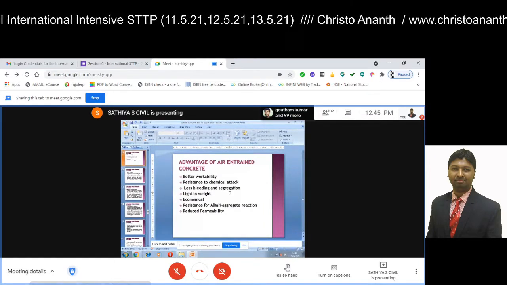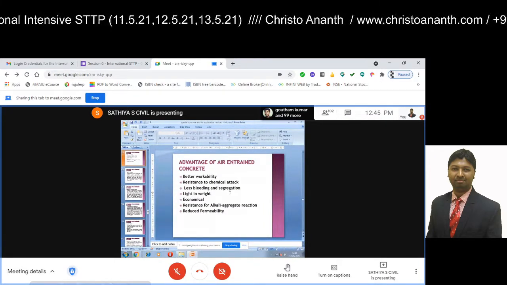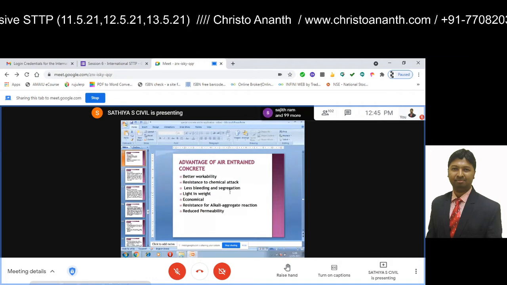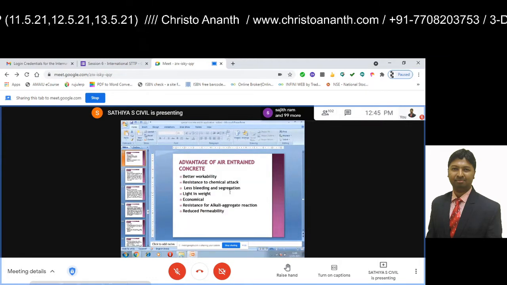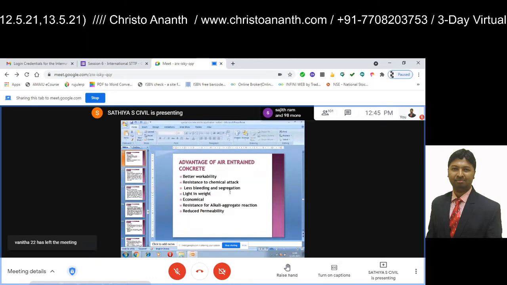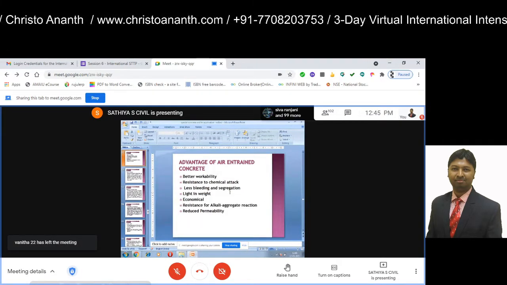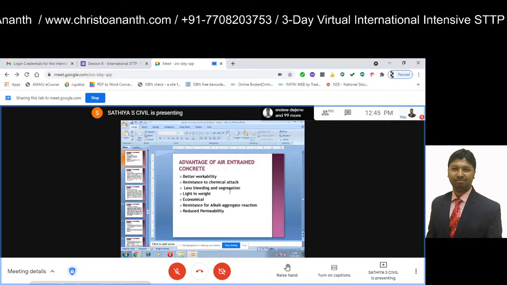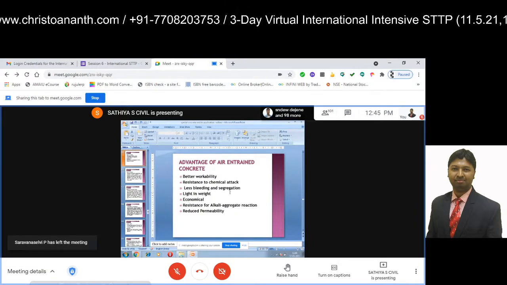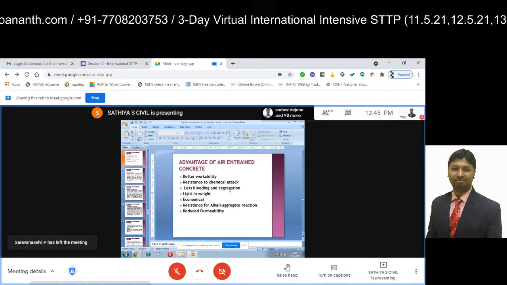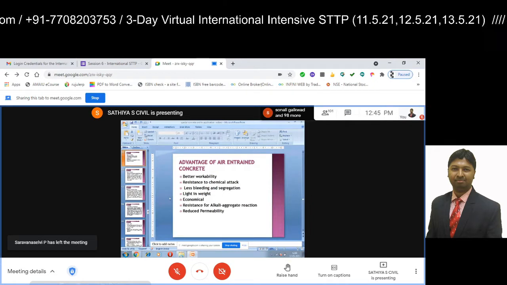It will pose many problems due to the porous honeycombed structure. There will be pores in the concrete, and the moisture will enter into the concrete and pose many problems, and water will also enter into the porous material.